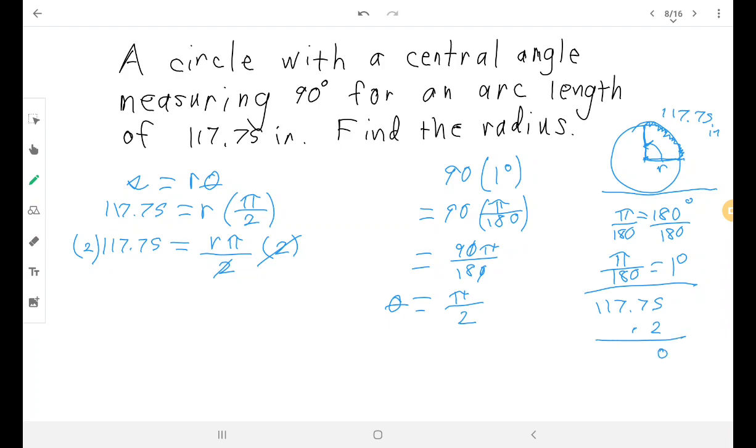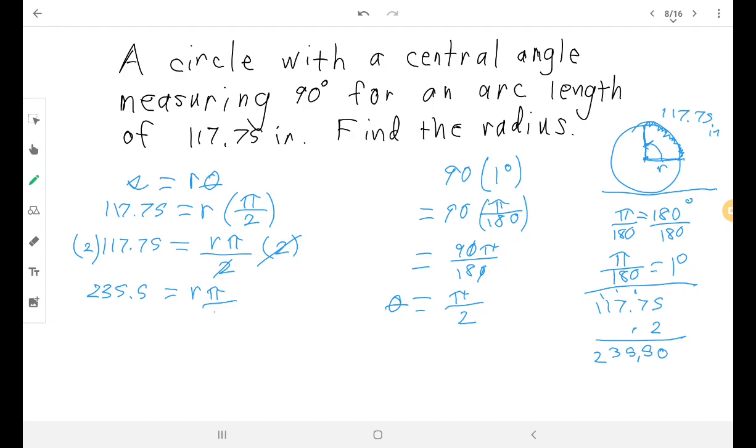2 times 5 is 10, carry the 1. 14, 15, carry the 1. 14, 15, carry the 1. 2 times 1 is 2, plus 1 is 3. 2 times 1 is 2, and 2 decimal places gives me 235.50, or just 235.5, equals r times pi.